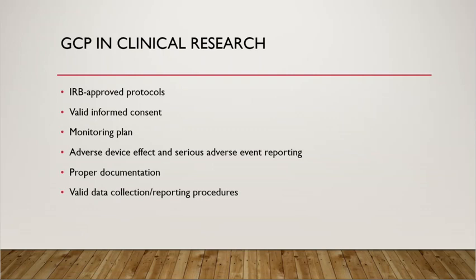It's involved with protocols for institutional review board projects and their required valid informed consent, monitoring plan, event reporting, documentation, and data collection and reporting procedures. So that's kind of an overview of GCP. Keep in mind that they are standards articulated in federal rules, and there's ever so many of them. So that's the first of 3 parts of today's lecture.